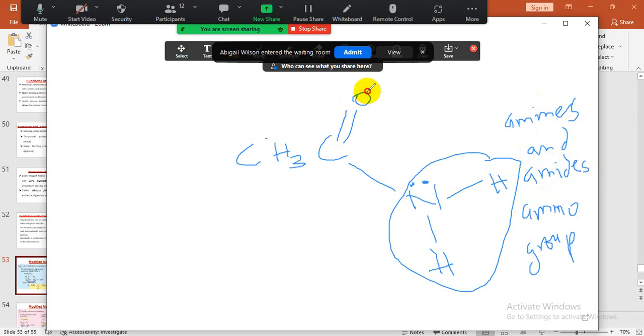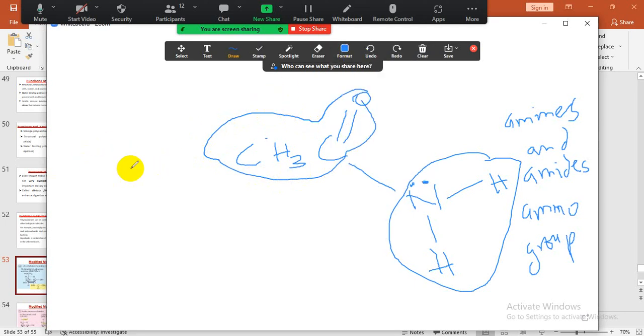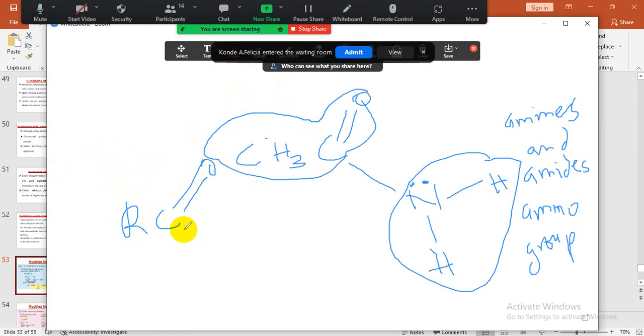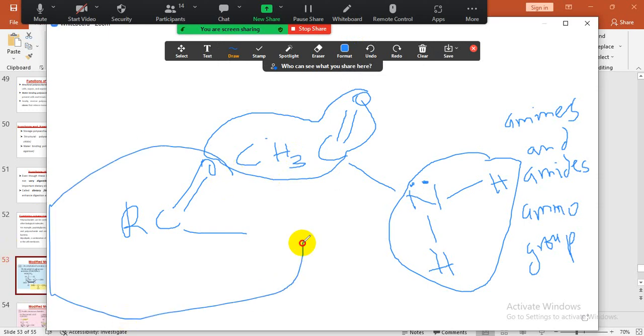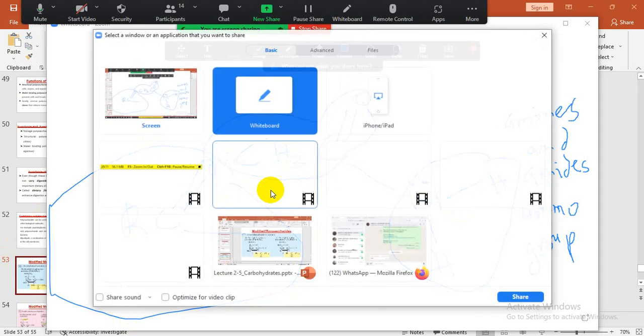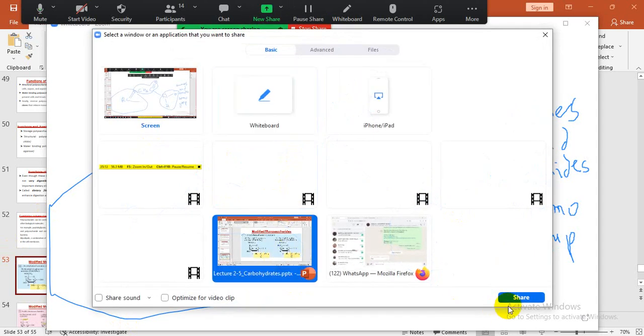And this is an acetyl group. The acetyl group can be R C O. So RCO. Okay, acetyl. So let's go back to the whiteboard and finish up the lecture.